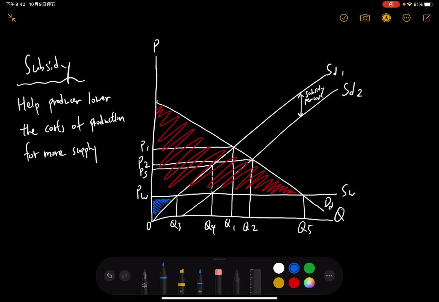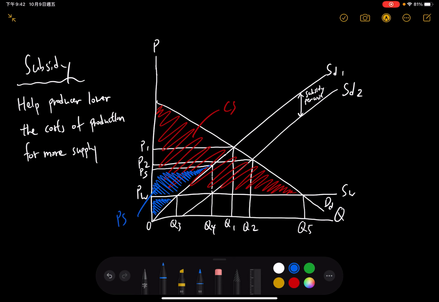So the PS is going to go up by this much, to Q4. Now we can see the area of CS, this big triangle, and also PS after the subsidy is imposed.